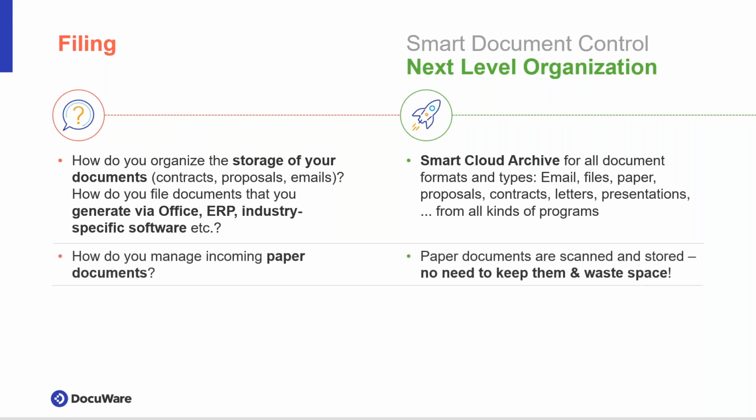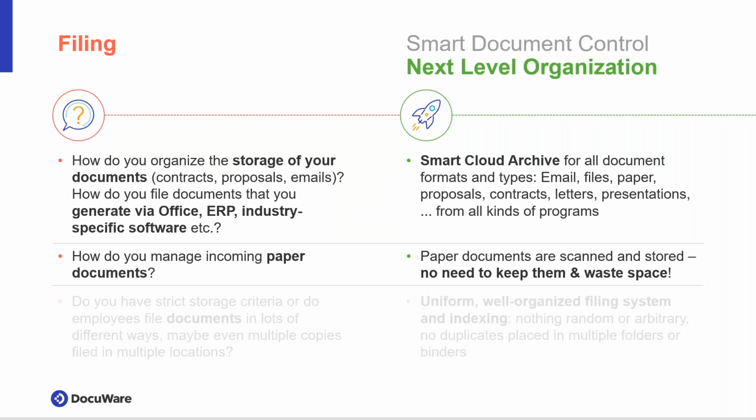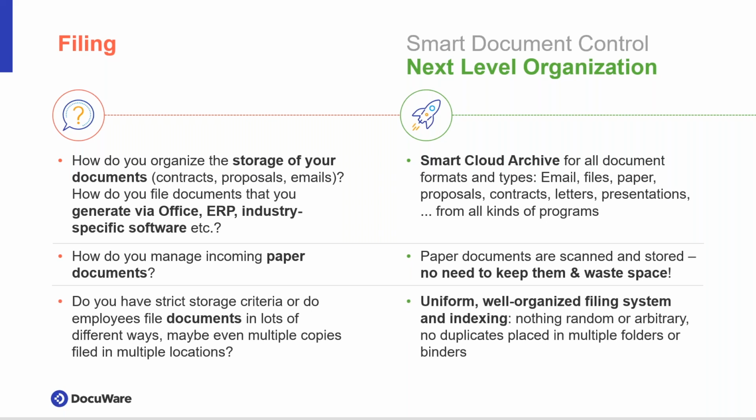How do you manage the incoming paper that is coming into the organization? And again, we're talking about scanning, waste, all of these sort of areas. Do they have strict storage criteria?